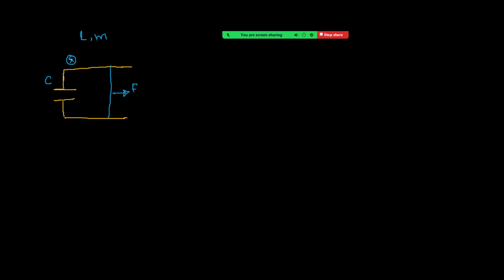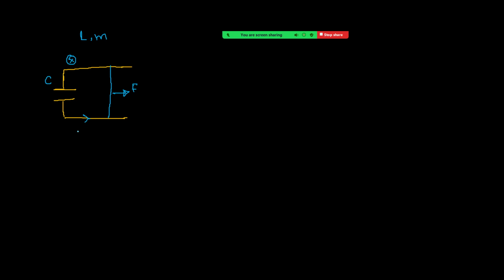Since the field is into the board and the flux is increasing, the direction of current is in such a way that the field due to that induced current must be outwards. Outwards means the current must be anti-clockwise. So first we have to decide the direction of current.